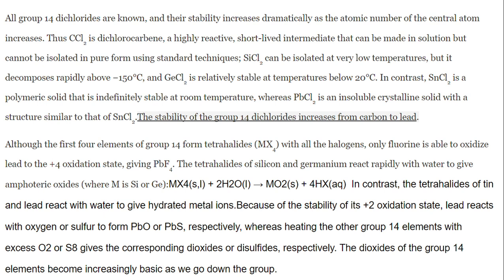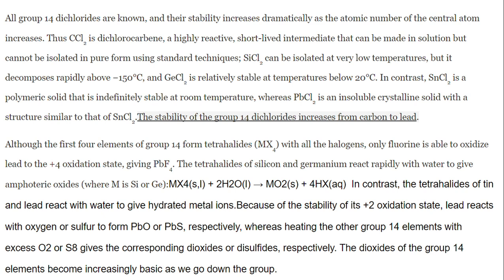The tetrahalides of silicon and germanium react rapidly with water to give amphoteric oxides, where M is either silicon or germanium. The reaction is shown as MX4, which can be solid or liquid, reacts with water to give MO2, that is dioxide. In contrast, the tetrahalides of tin and lead react with water to give hydrated metal ions.